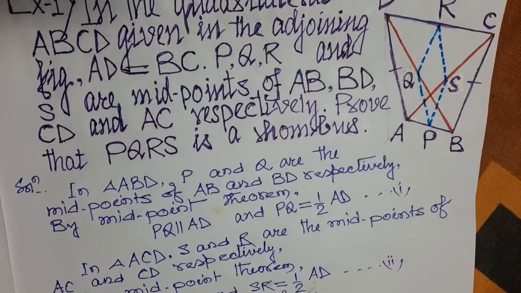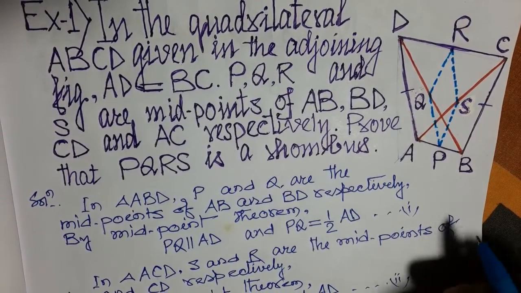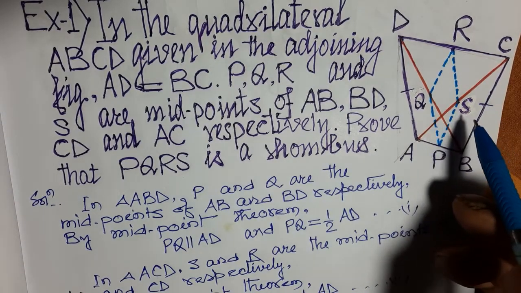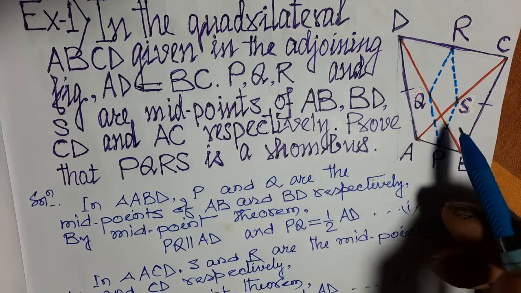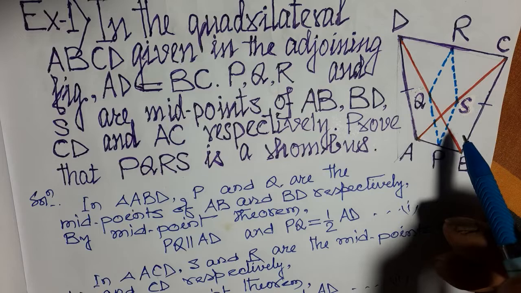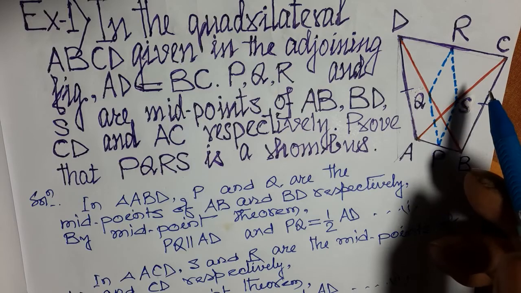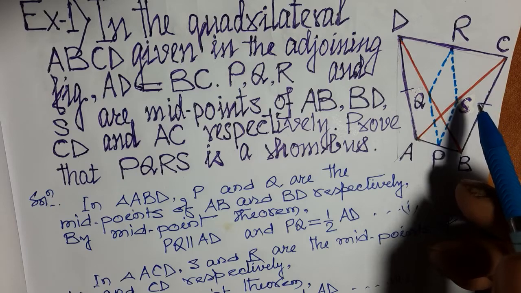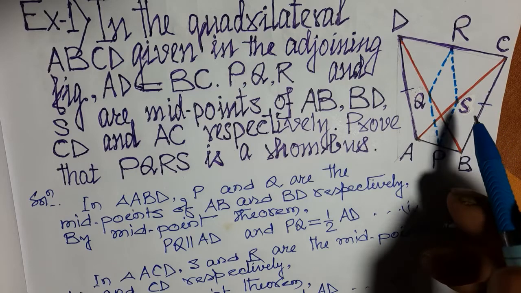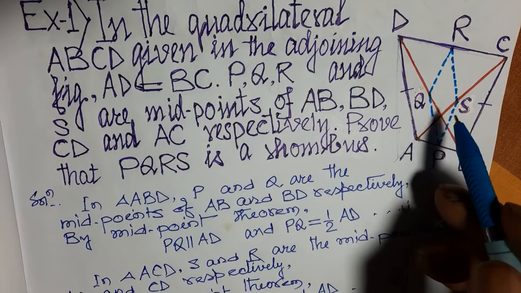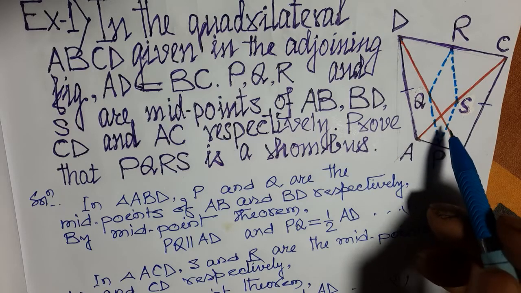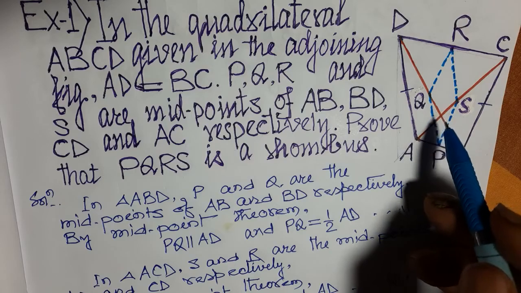Therefore, in quadrilateral PQRS, PQ is parallel to SR and PQ is equal to SR. So a pair of opposite sides of the quadrilateral PQRS are equal and parallel.